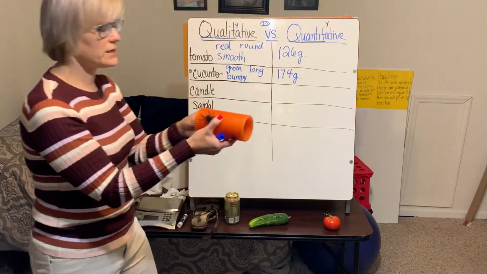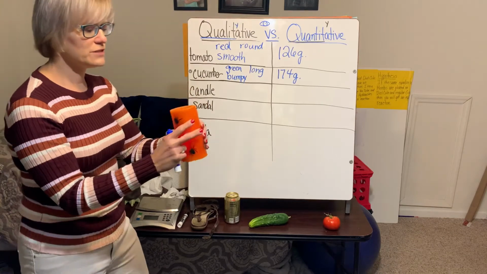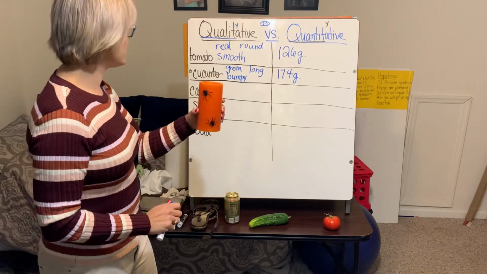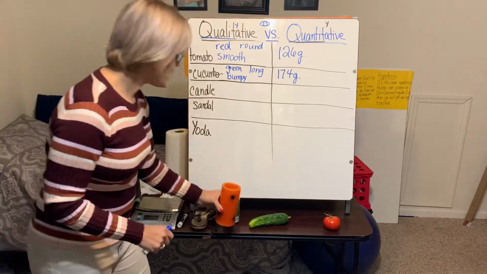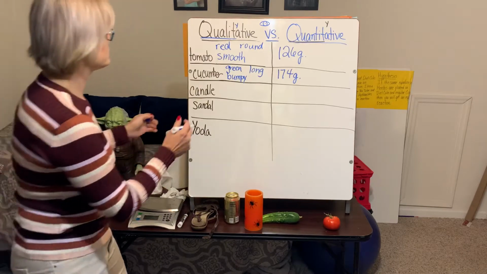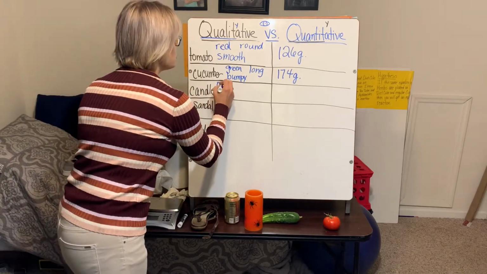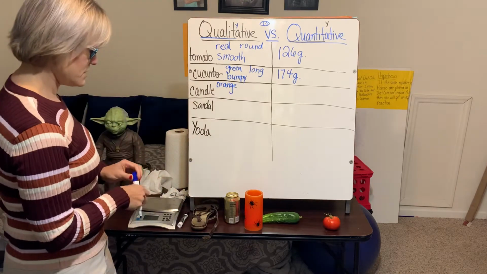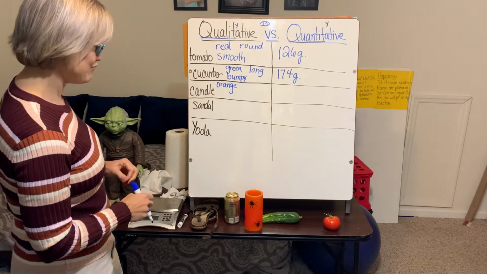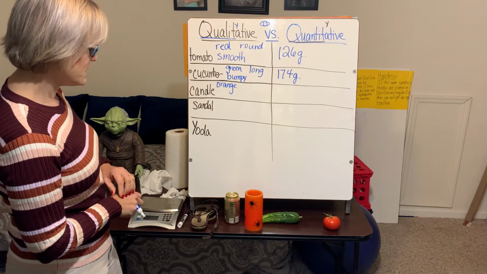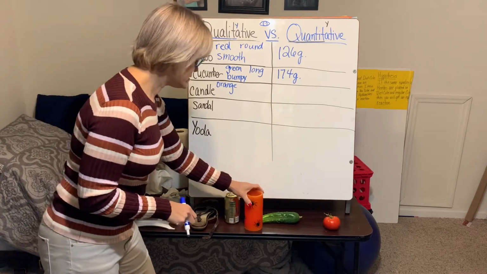All right. My Halloween candle that I have downstairs on my coffee table normally. So my Halloween candle, all right? So I could say that my Halloween candle is orange. It is qualitative. Let's see.